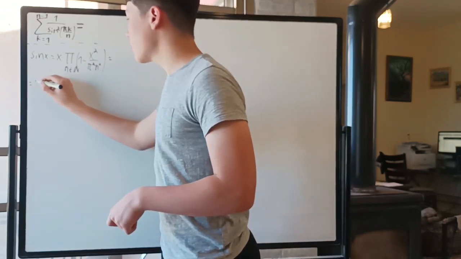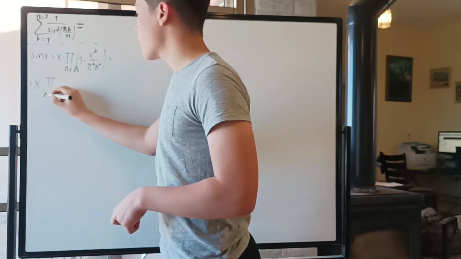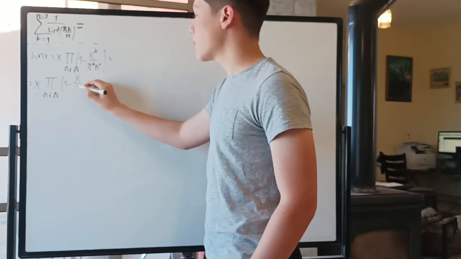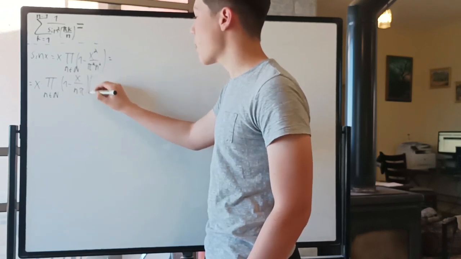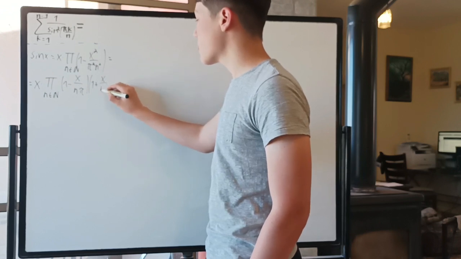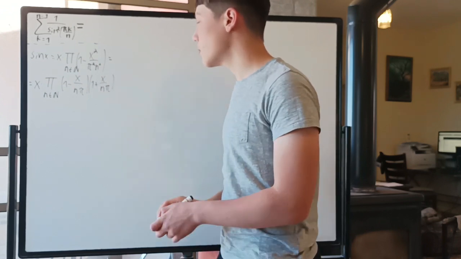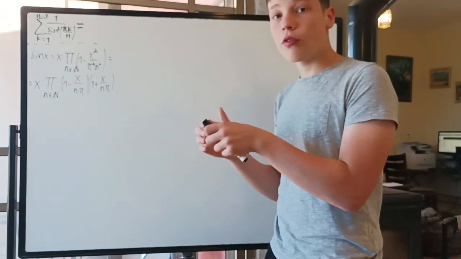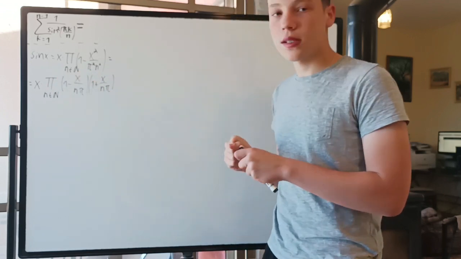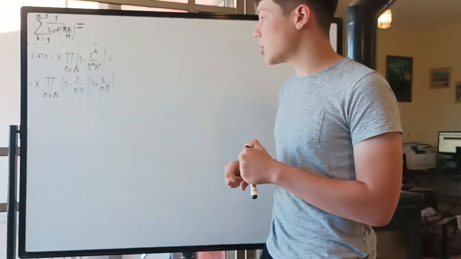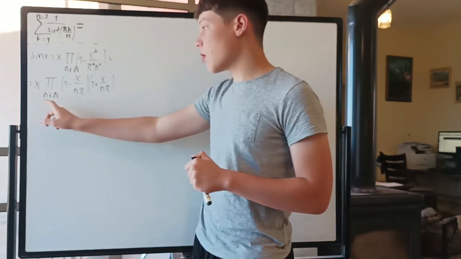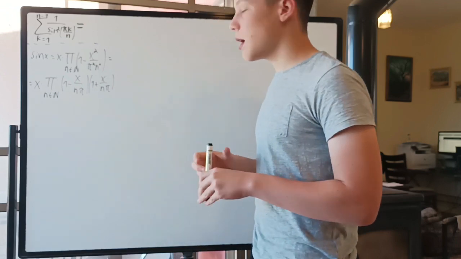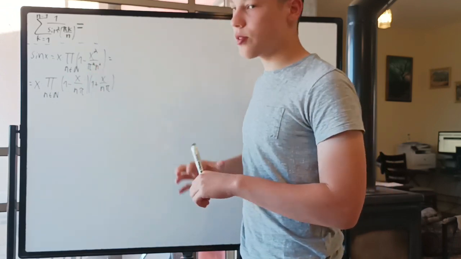Right, so let's write it out slowly. We have x times the product over the natural numbers of 1 minus x over n pi, 1 plus x over n pi. And now, like I said, I'm going to change the order of multiplication inside this infinite product, such that now I'll be going over all n that are in the whole numbers except 0, and then I'll only do the product over this term.